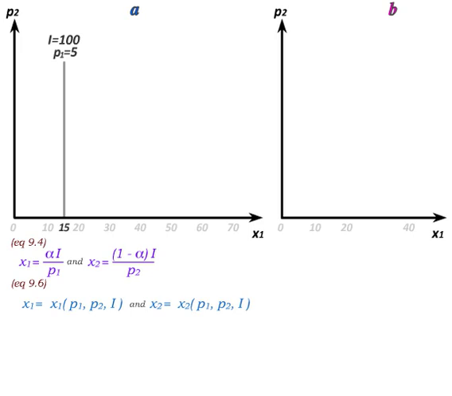If we now assume an income of 100 and the price for good 1 equal to 5, we get from the demand function that x1 is equal to 0.75 times 100 divided by 5, which is equal to 15. Thus, no matter what value P2 takes on the vertical axis, the demand for good x1 will be equal to 15 if the income is 100 and the price of good 1 is 5.